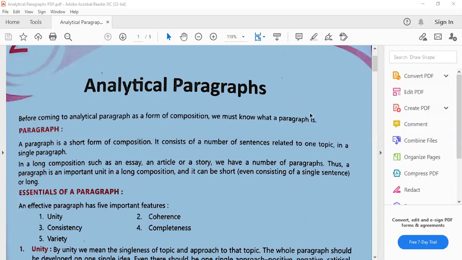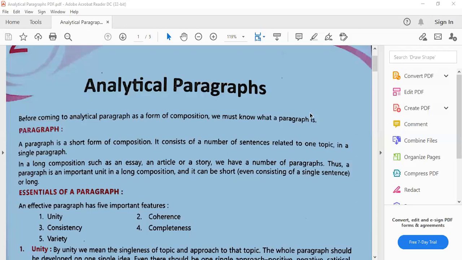In the starting you first have to state the problem, then you will give the explanation of that data according to the table or the pie chart or the bar graph given. Then at the end you will give the conclusion: what could be the solution, and what could be the problem or the result out of that.